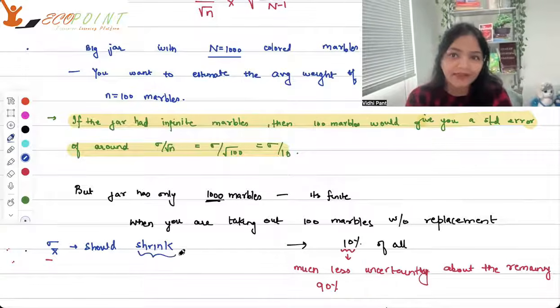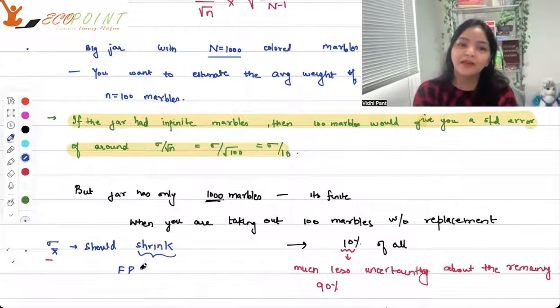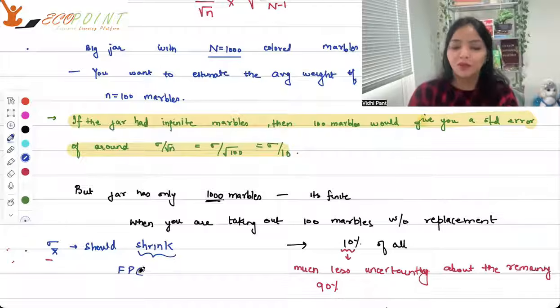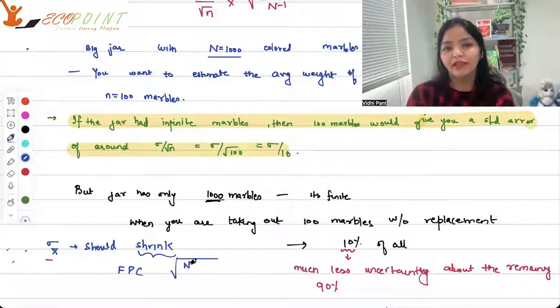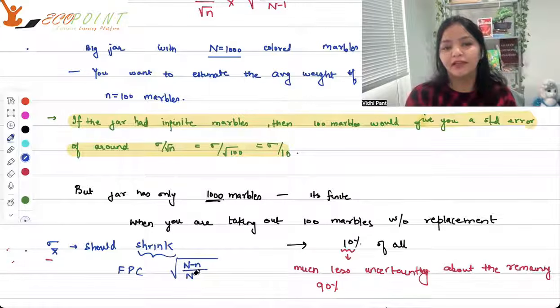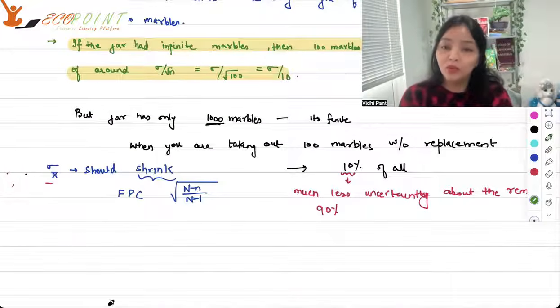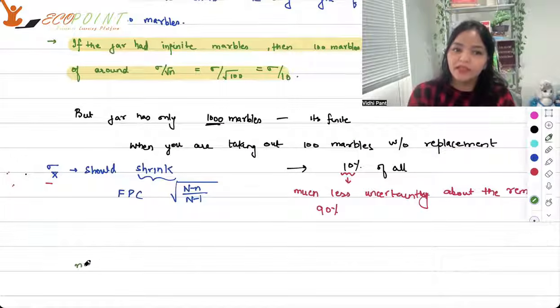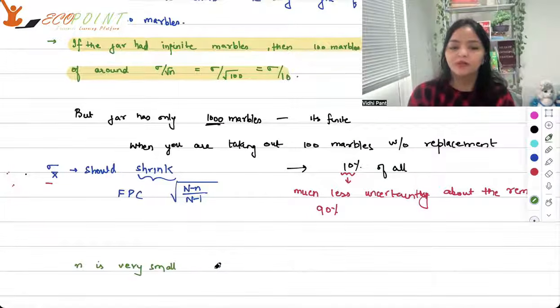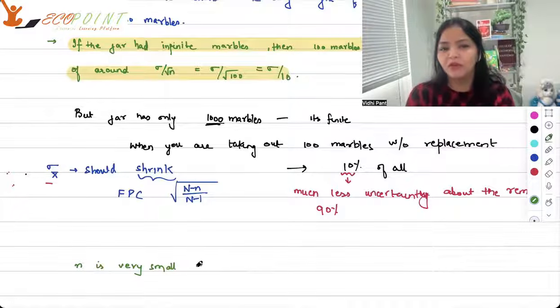This shrinking factor is your finite population correction, which essentially is square root of (N minus n) upon (N minus 1). More intuitively, suppose n is very small, almost very small compared to the population.